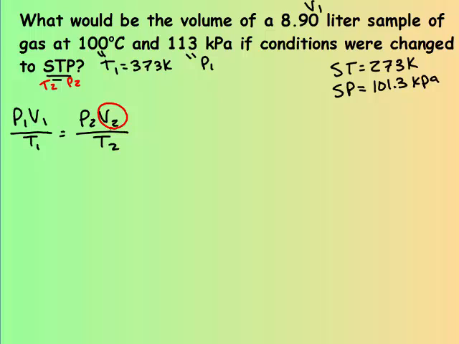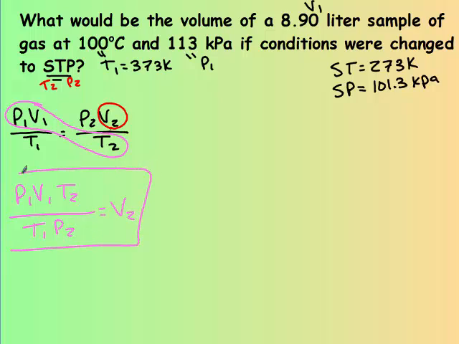And this is where the cross multiplying comes in handy. That diagonal does not have my missing variable, so it's going to go on top. Everything else goes on bottom. So T1 and P2 will go on bottom. And that's my rearranged equation.